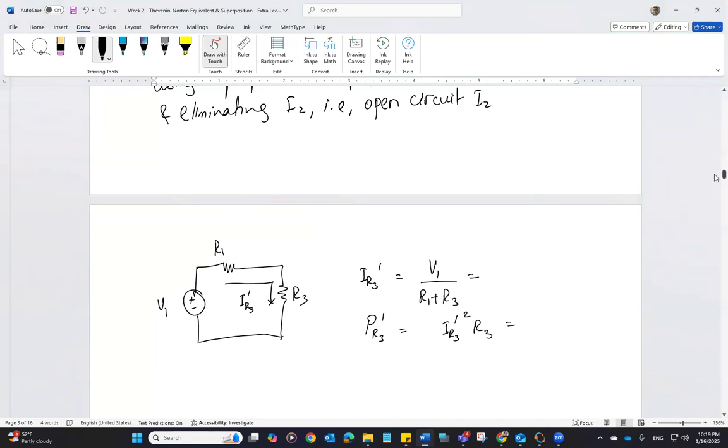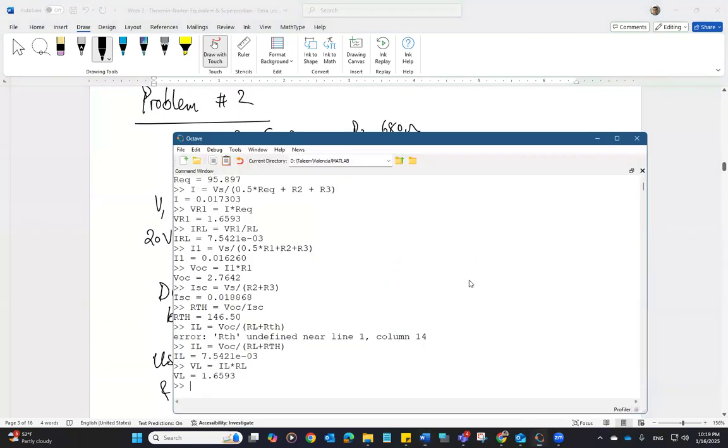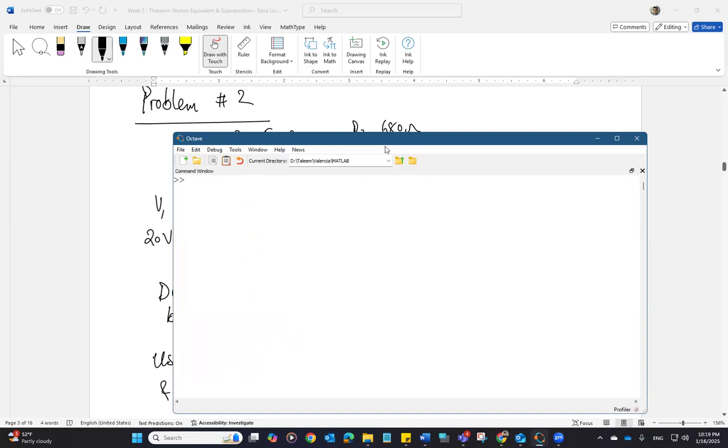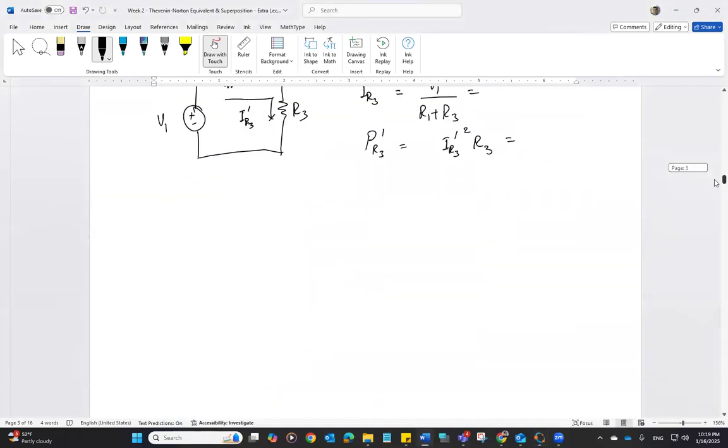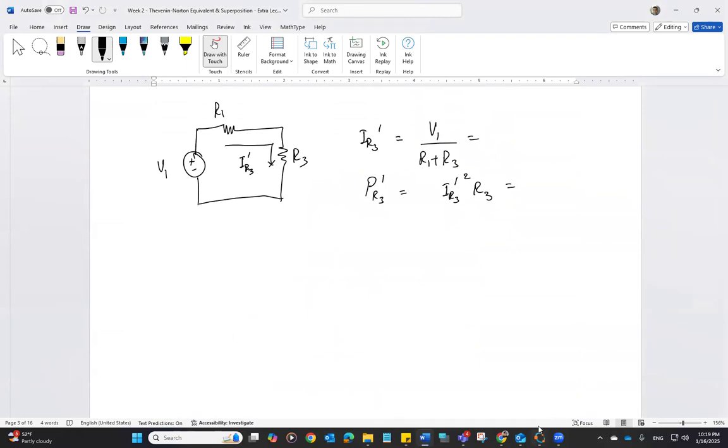Let's go ahead and calculate this. Let's go ahead and plug in the values. Okay, so V1 is 20. I2 is 1 milliampere. And R1 is 510. R2 is 680. And R3 is 770. And we have IR3 prime.